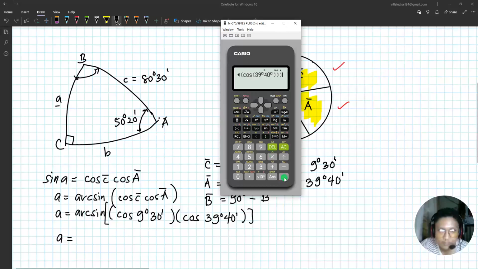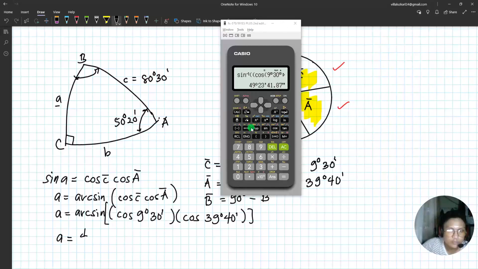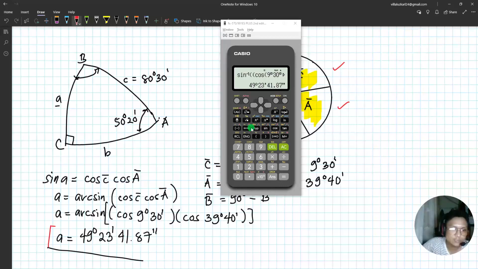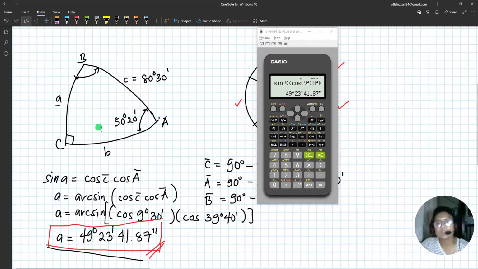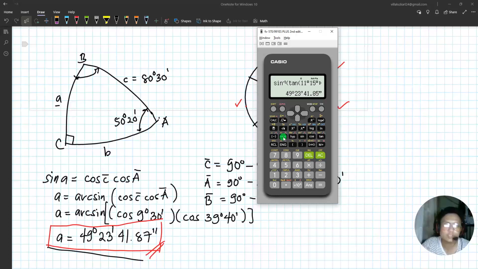It equals 49 degrees 23 minutes and 41 seconds, which is the same. Same answer as using the Sin-Tad rule, right? Compared to our Sin-Tad solution of 49 degrees 23 minutes and 41.85 seconds, there is a slight difference, but the answer is acceptable.